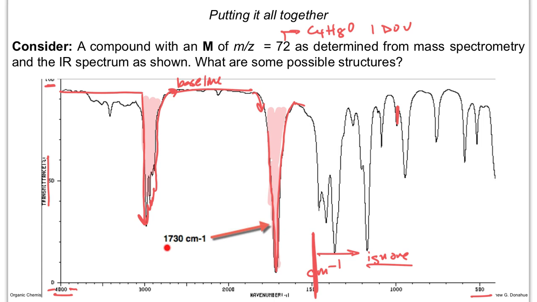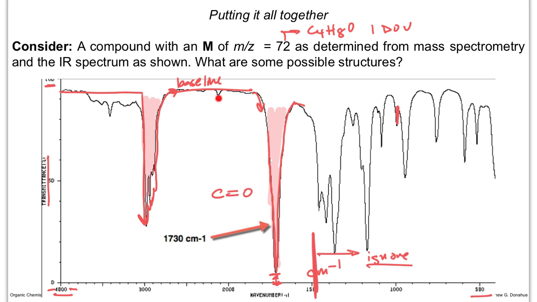This one that I've highlighted here at 1730 wave numbers is due to a CO double bond stretch. So that's what it looks like. I would say that's an intense signal because the distance from here to that is pretty tiny, meaning that the light is strongly absorbing in there.